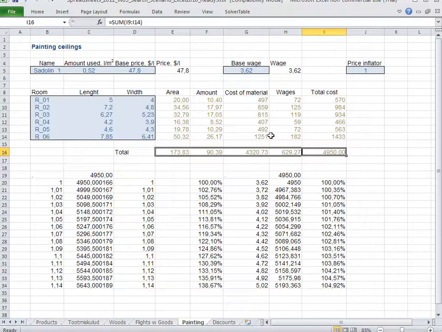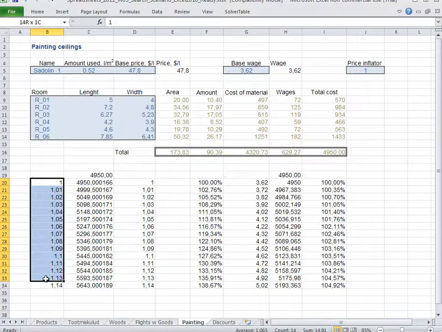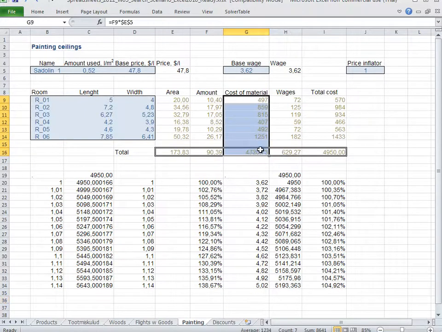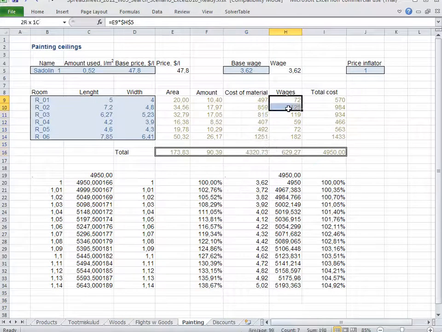If we change both by the general inflation, then the total costs go up by exactly the same percentage. So just one more time underline here that in this case the cost of material was considerably higher, and that's why the wages went up by a higher percentage than the total cost did.